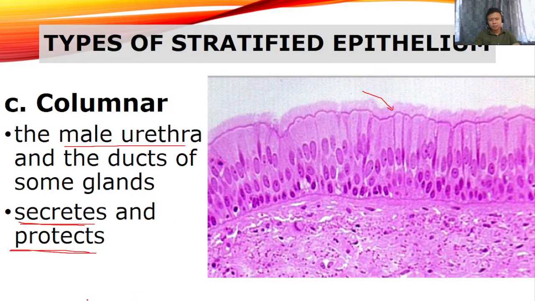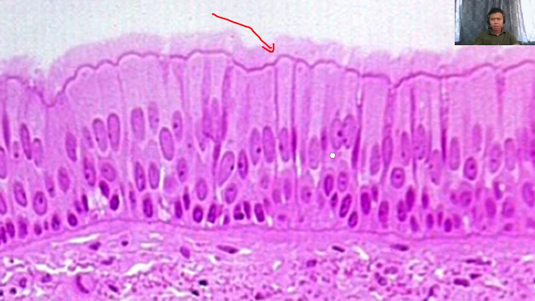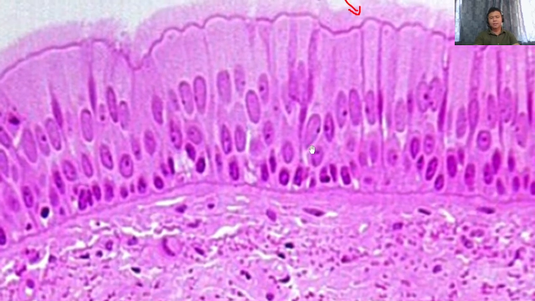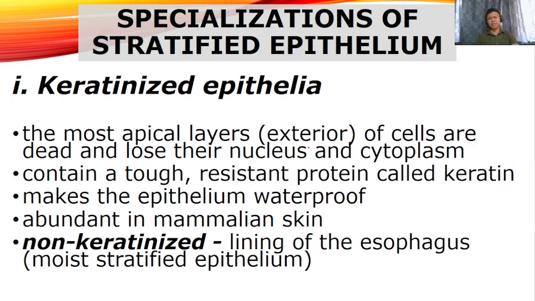Okay, these are the cells under stratified columnar epithelium. Moving forward, here we have the specializations. Okay, talking about the specializations, so here we have the keratinized and the non-keratinized.